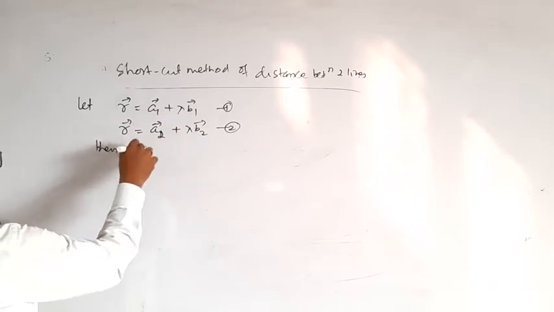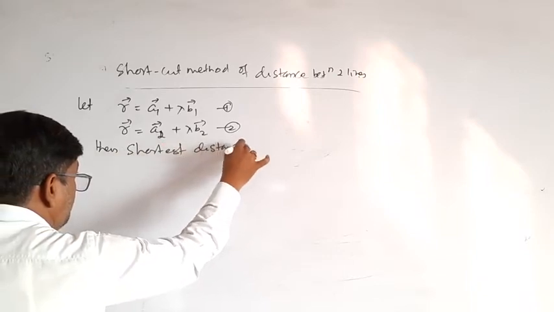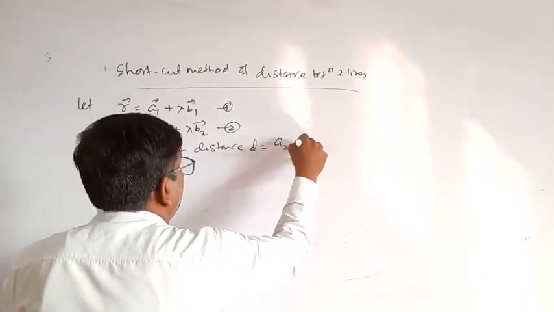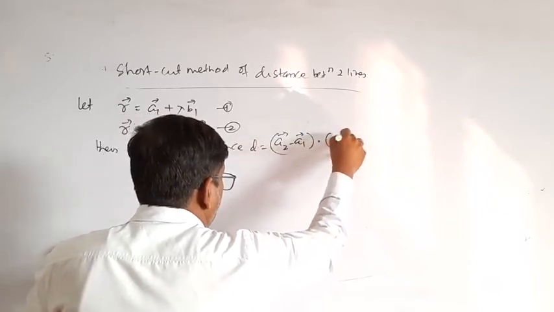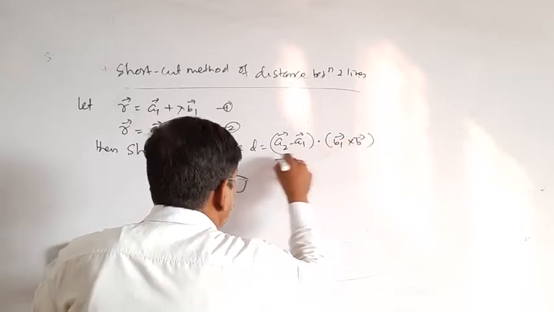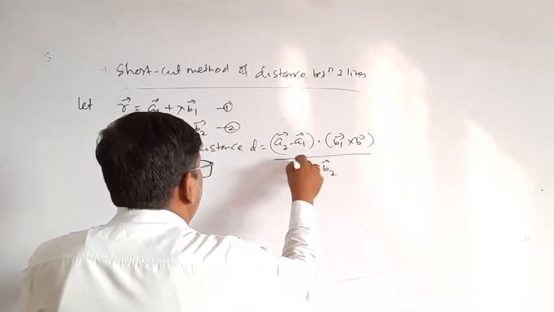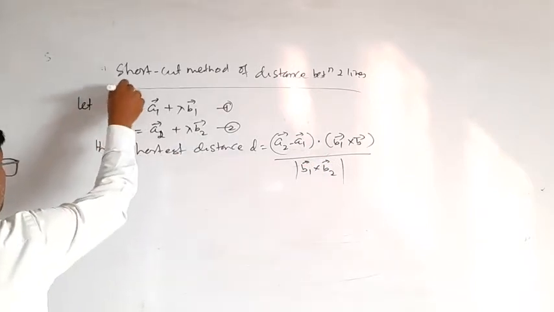Then the shortest distance D is equal to (A2 − A1) dot (B1 cross B2) divided by the magnitude of (B1 cross B2). This is the shortest distance in vector form.